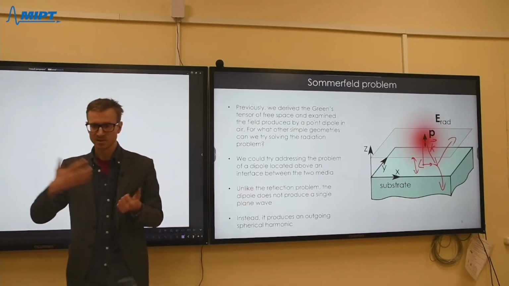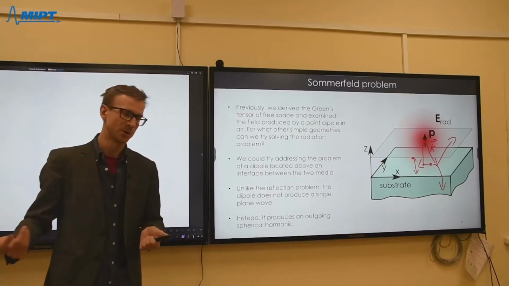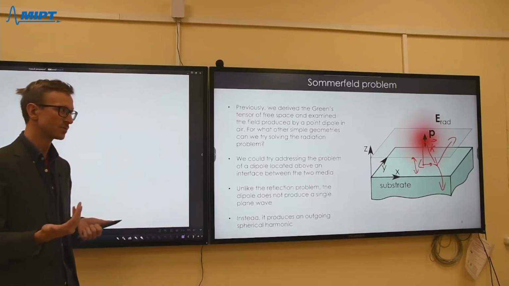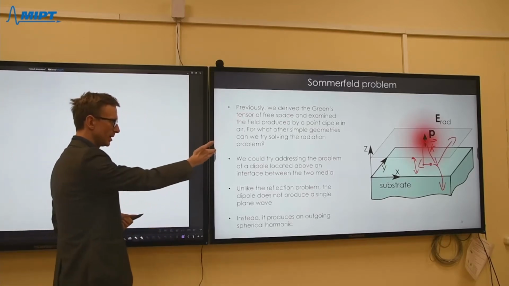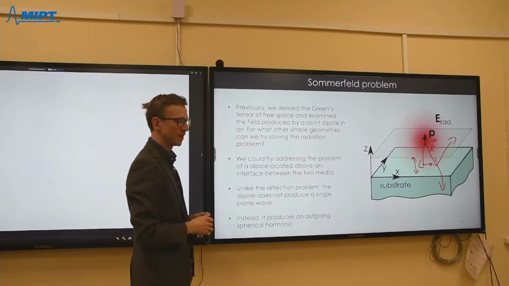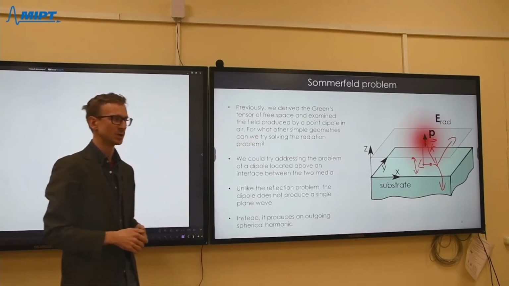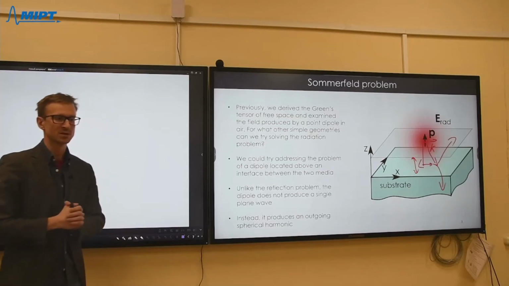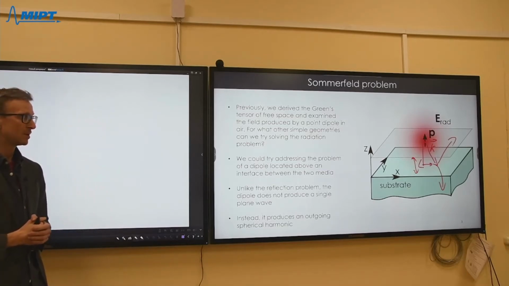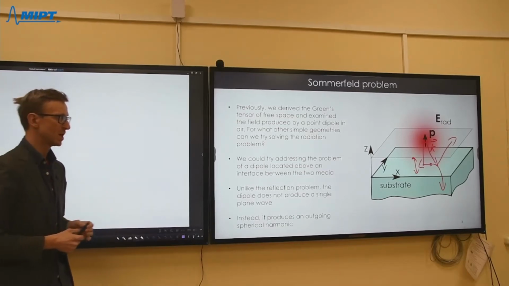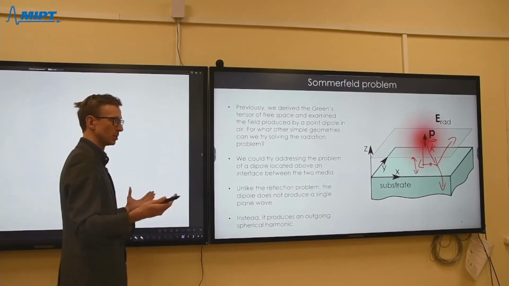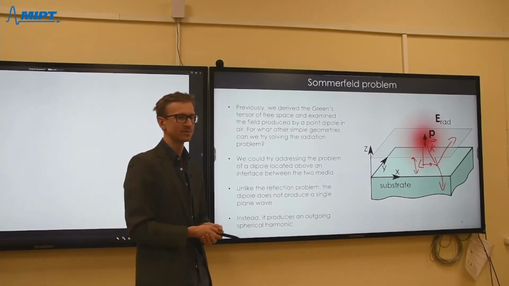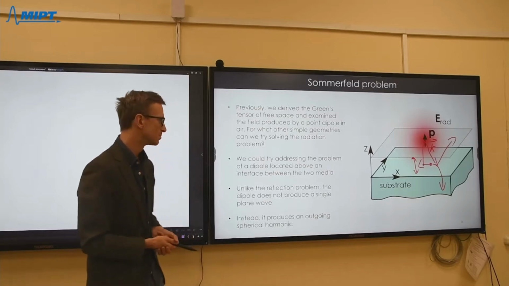And the in-plane component of the wave vector is preserved in the case of a translationally invariant substrate. And this allows us to construct the scattering solution very easily. But this is not the case with the point dipole, because now we don't have any k at all. We have a divergent spherical wave. So what are we going to do?